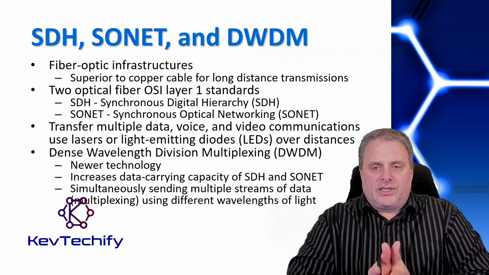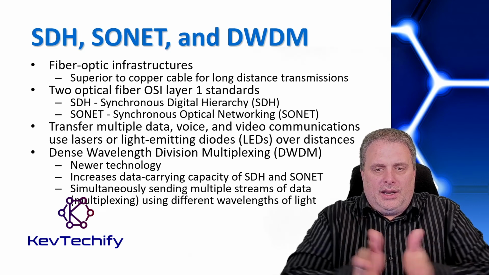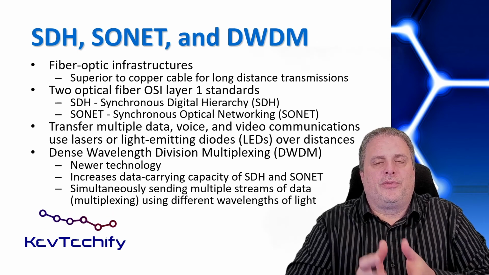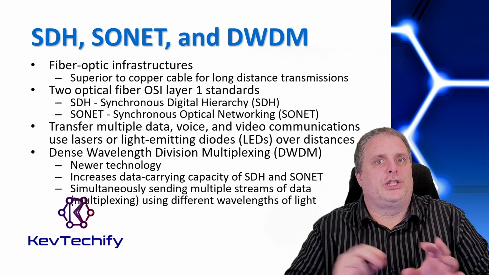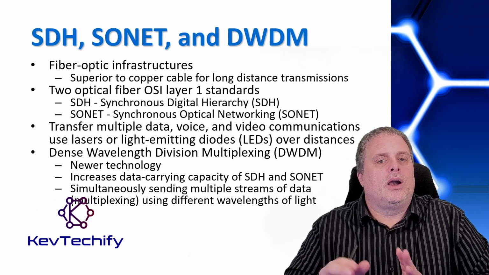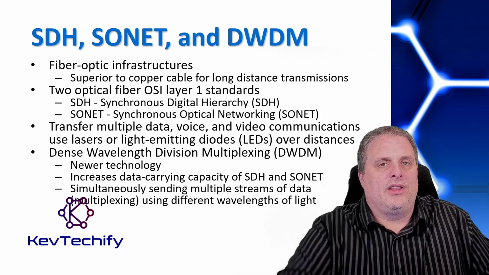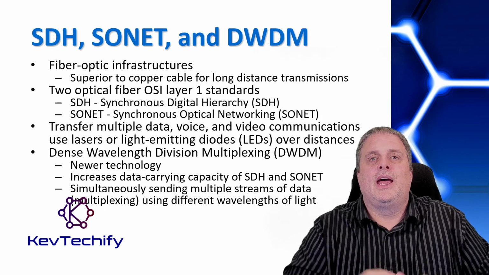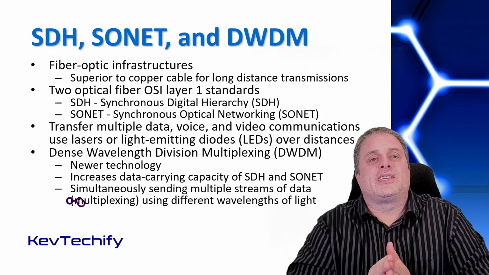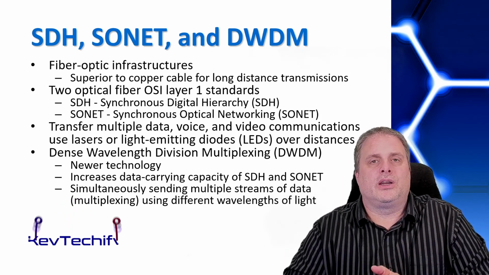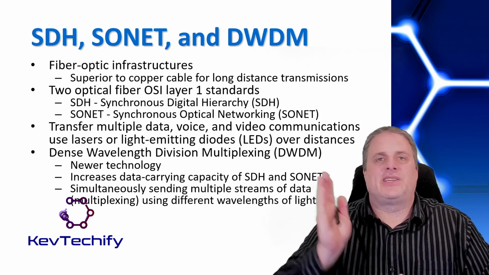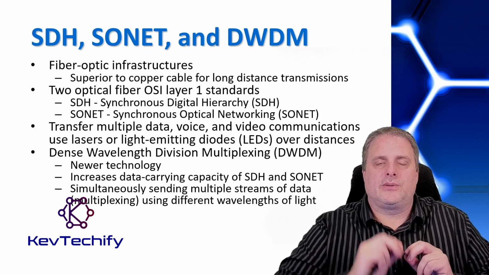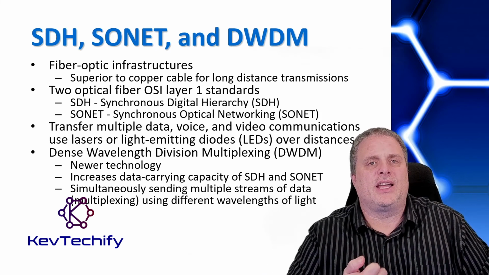There are different LEDs that produce different colors of light, different shades of light, where there's a sensor on the other end of the cable that can detect those different colors of light, and they can separate out. So that way you can send one stream of data using one frequency of light. You can send a second stream using a second light, getting twice as much, 3 times as much, 4 times as much data across that connection.